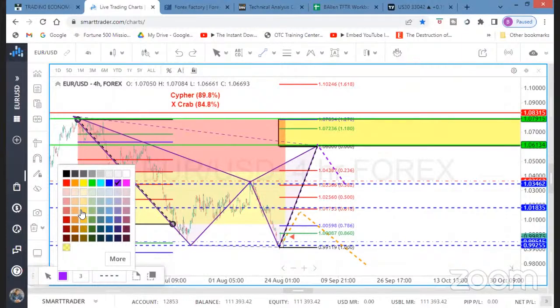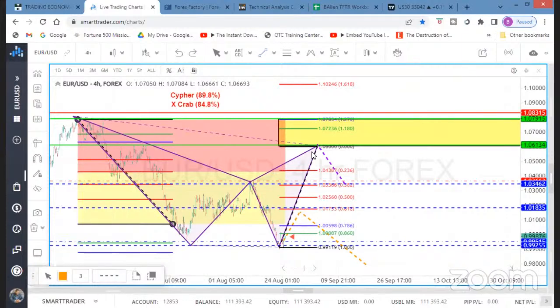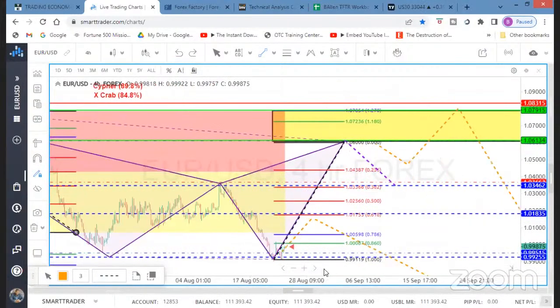Do I get price to correct and push up to my maximum entry, which is in essence an 80-20, and then push down? That's it. So you guys are like your own harmonic scanner already. Okay.